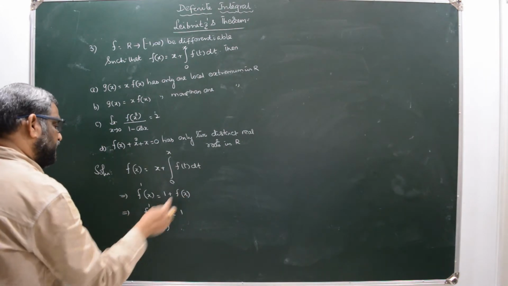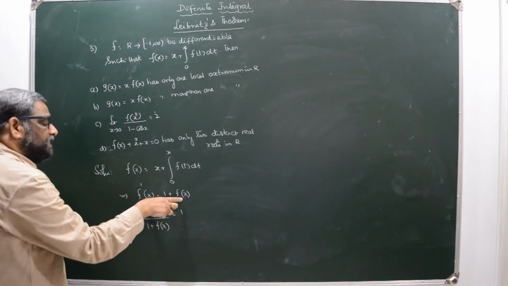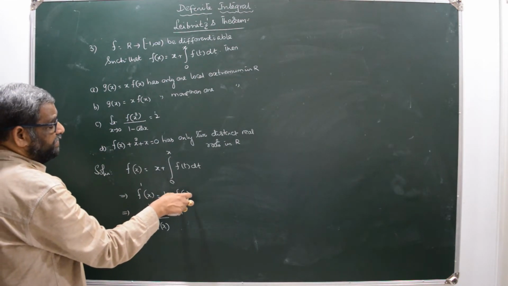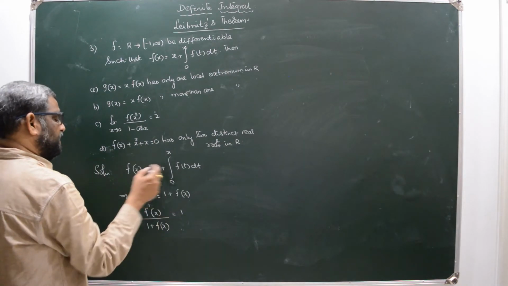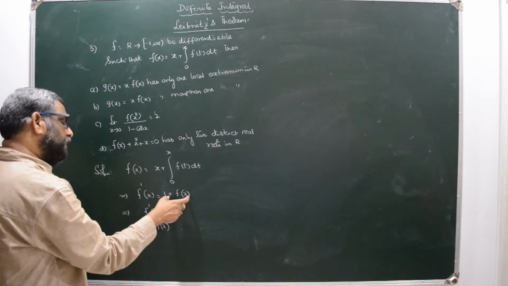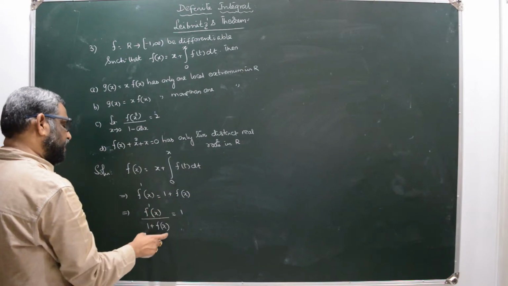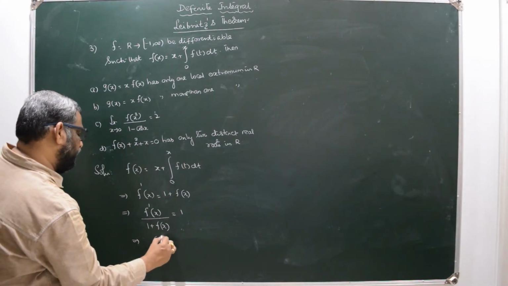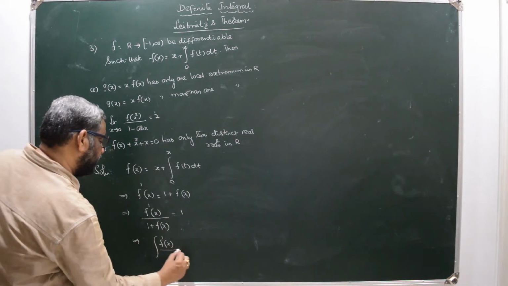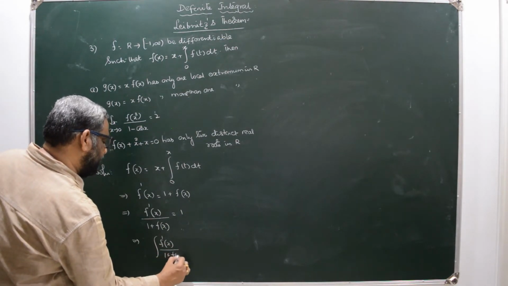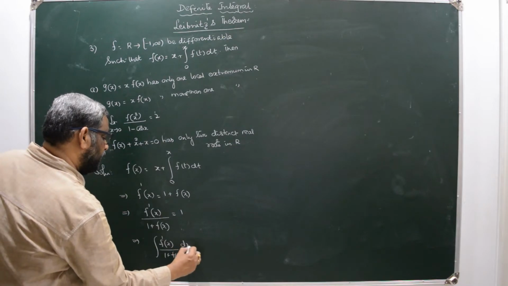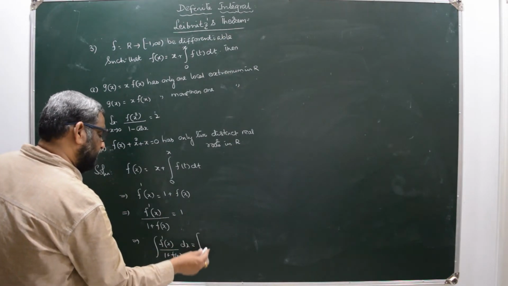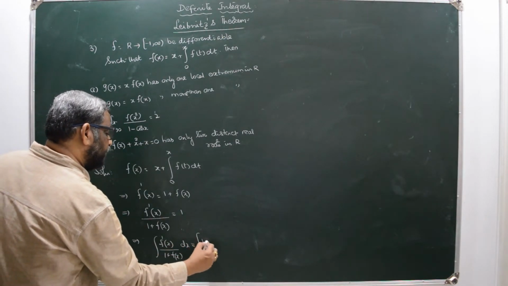Now we will integrate it. From this condition we are not able to identify f(x), so I bring this value on the right hand side to this side. Now integrating, integral f dash x by 1 plus f(x) dx is equal to integral 1 dx.